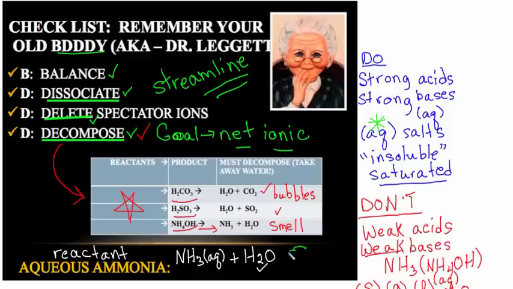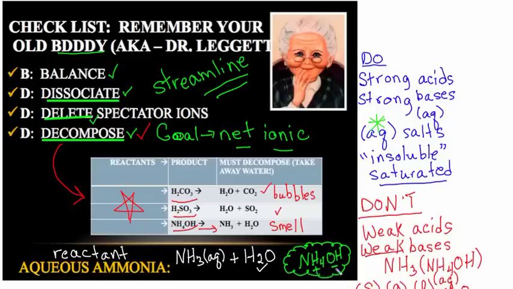Now, to get the product of a double replacement, I think it's helpful to think of it. Do not write it this way or you will lose credit. Think of it as NH4OH because that's in essence how it reacts, as if it's an ammonium ion and a hydroxide ion. That's what the double replacement would be.